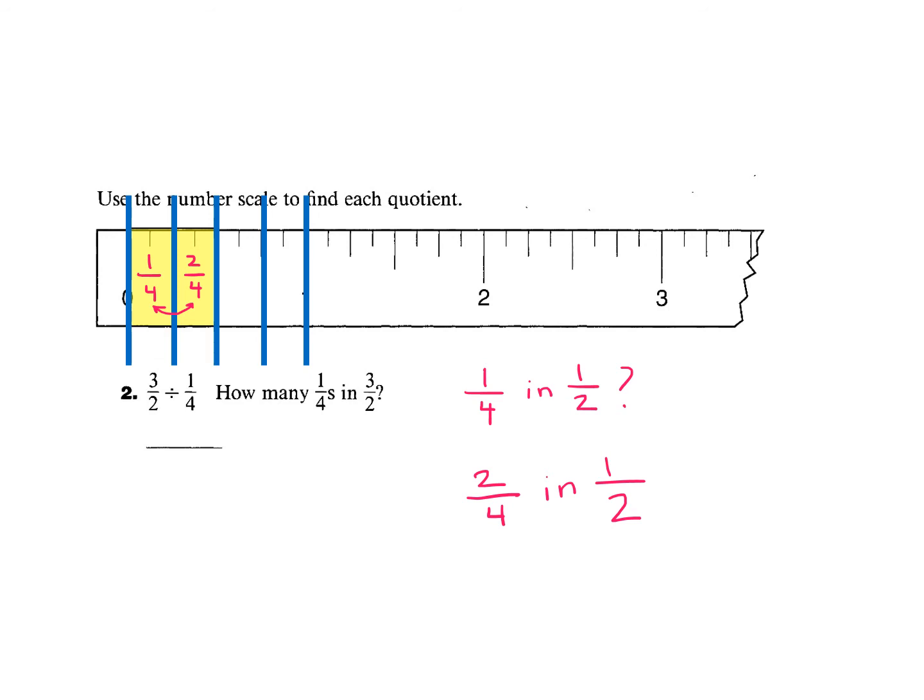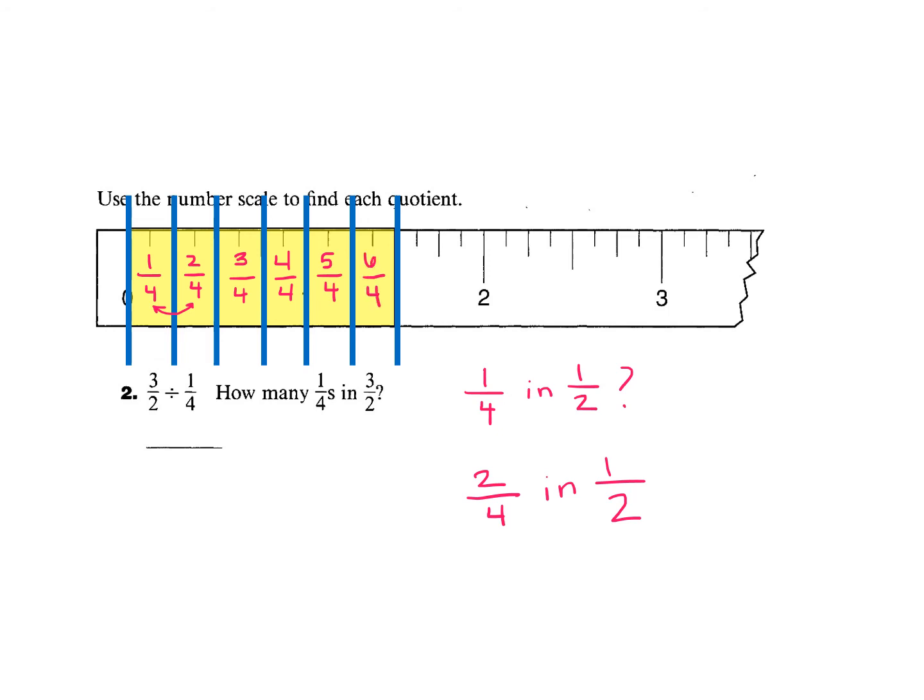So how many fourths are in 3 halves? So I'm going to say another half. That would be 3/4 and 4/4. And then I'm going to add another half, and I have to add some more lines. That would be 5/4 and 6/4.